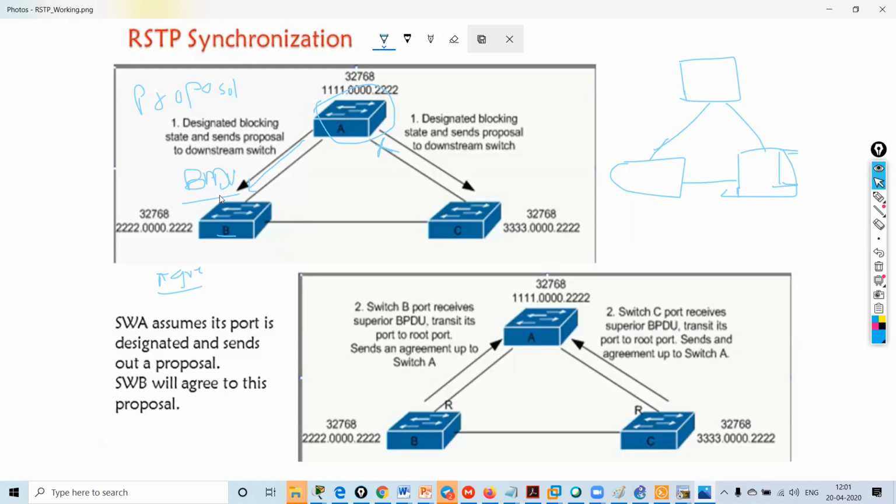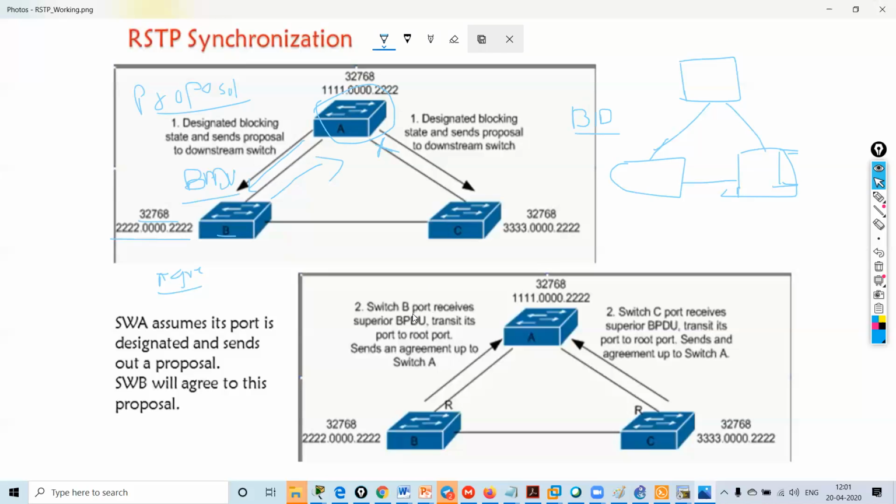Now, once switch B receives the details in the proposal message, it will check the priority, MAC address, and all the details needed for the bridge ID. Then it will send an agreement message.